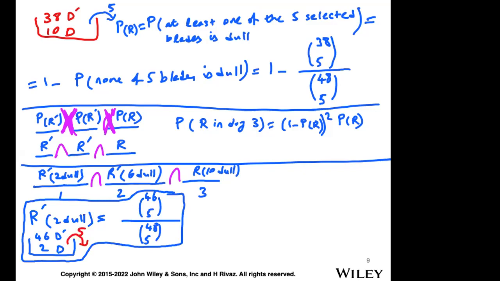And then for the next part, let's write that with different colors. So here I want to calculate R prime. If I have 6 dull blades, so here I have 42 not dull and 6 dull. And again, I'm selecting 5. So this is going to be equal to, so what is the numerator?